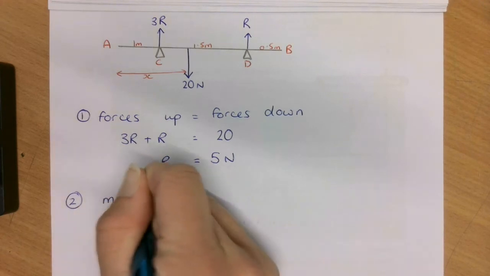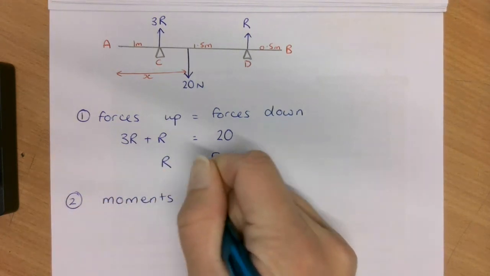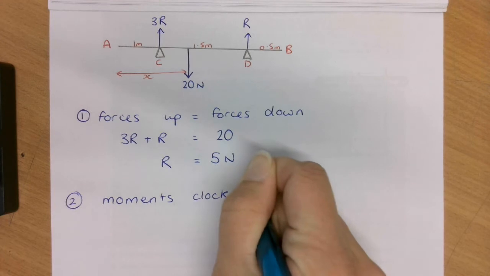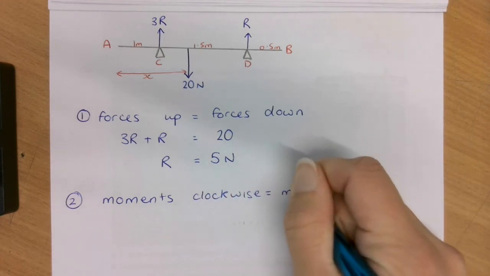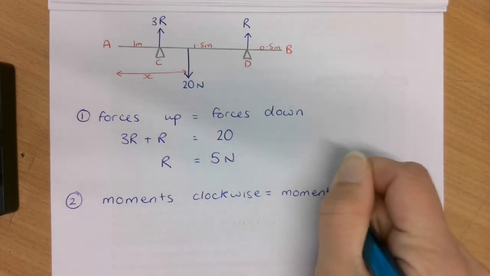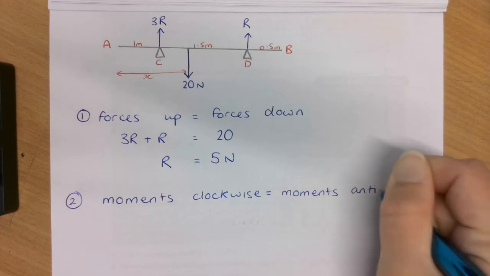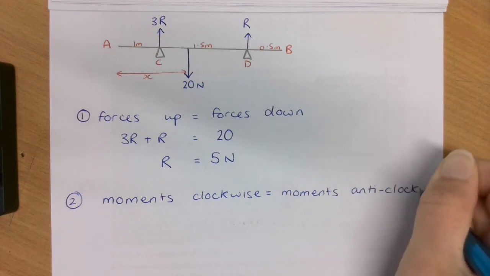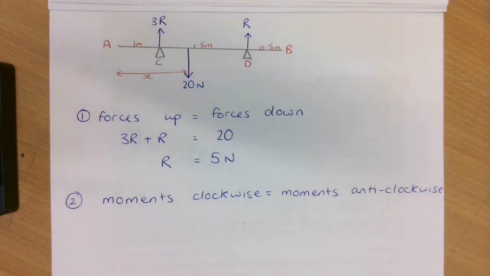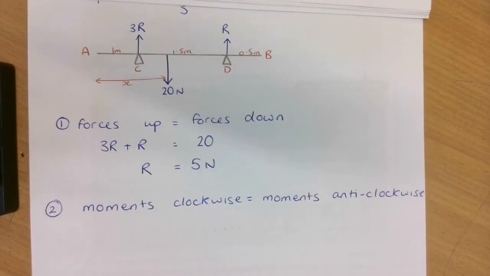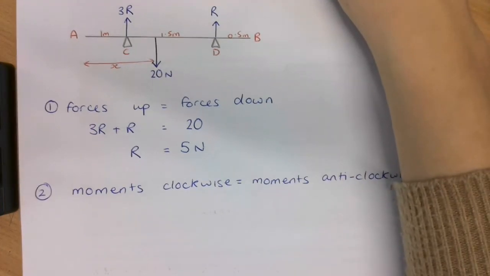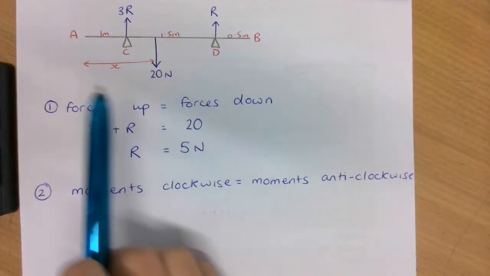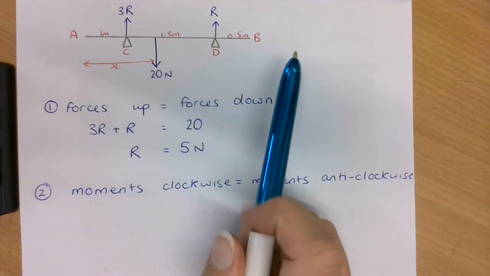And I'm going to say the moments clockwise are equal to the moments anti-clockwise. So we know, taking moments, you could take them around any point you want to at all.